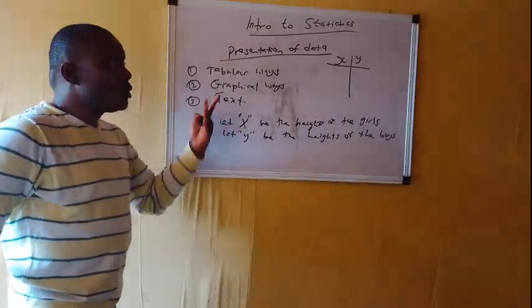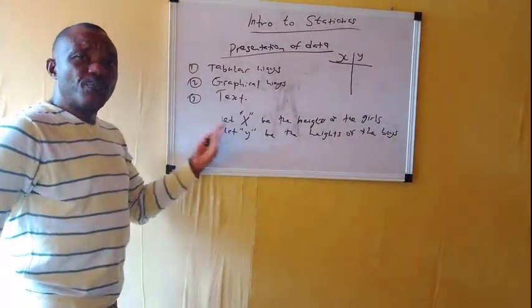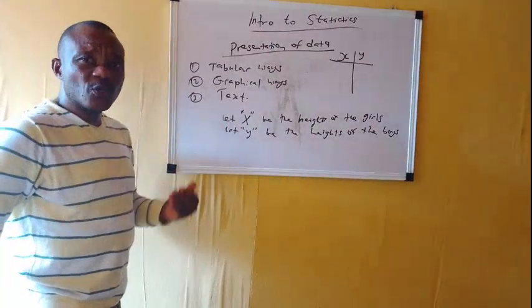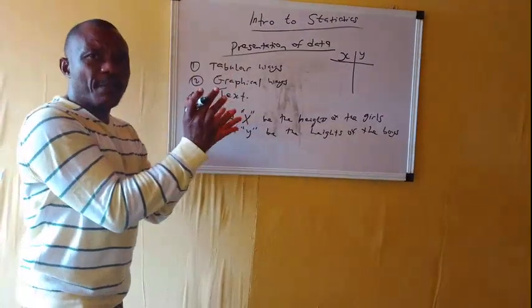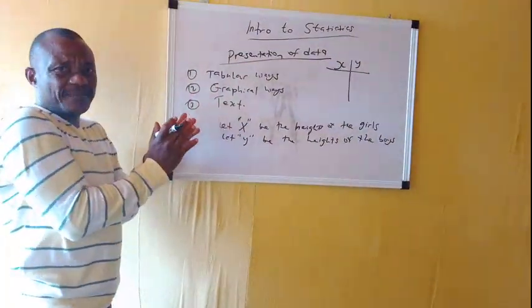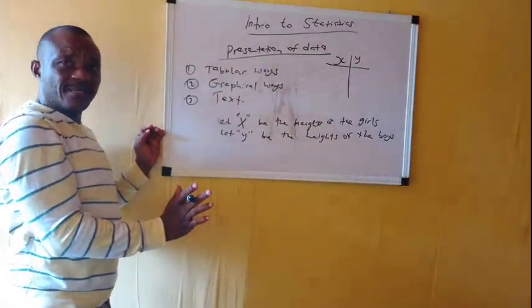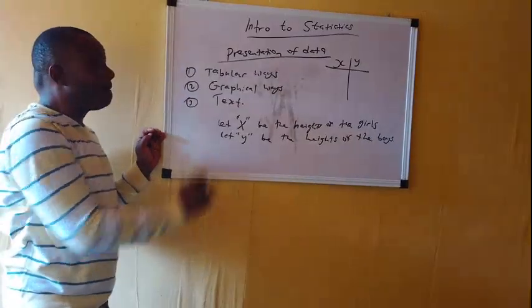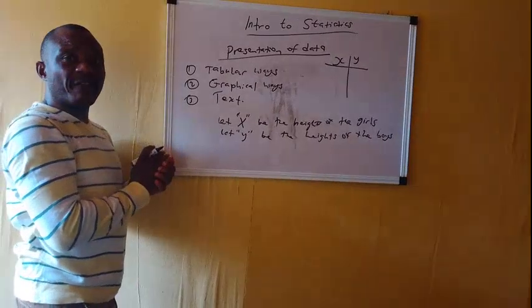Which boy is the tallest, which girl is the tallest, which boy is the shortest, which girl is the shortest, or the average. You are beginning to get information by doing that analysis. So this is one way we can present data.